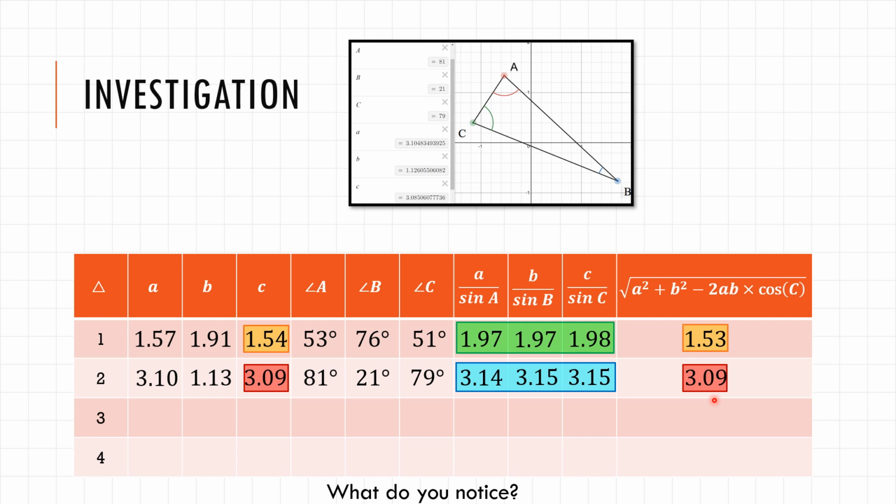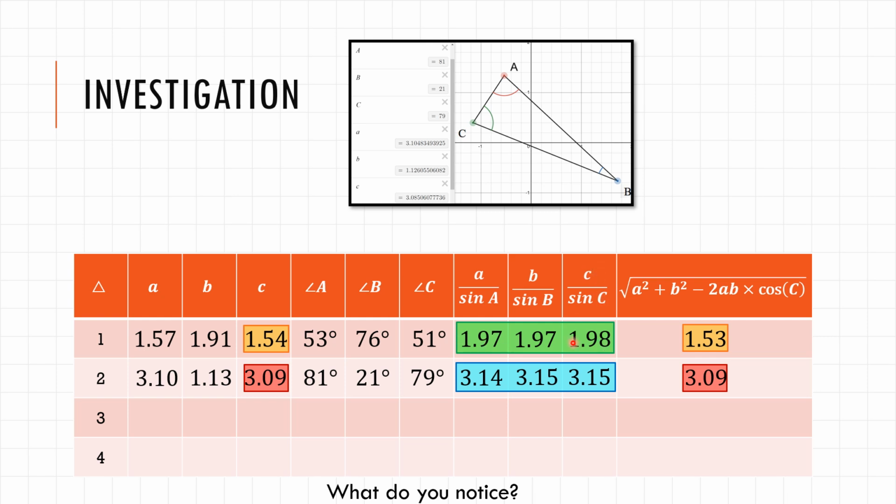So I might say, even given the fact that some of these decimals are a little bit off, I might say that I have verified one of the laws in trigonometry. In fact, not just one, two of the laws in trigonometry. And they are that a over sine a is equal to b over sine b and is also equal to c over sine c.